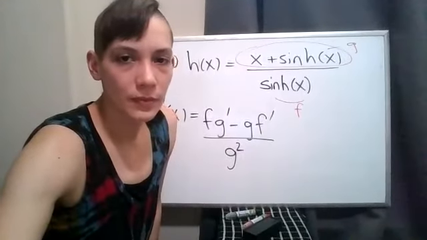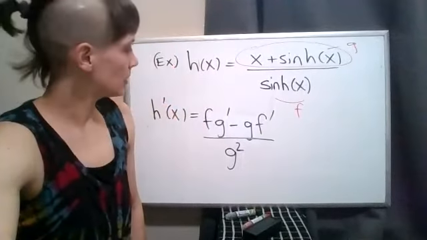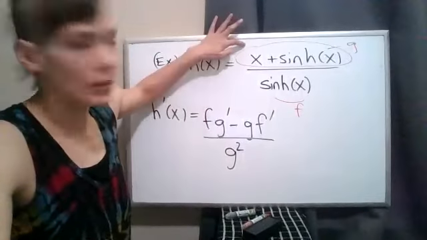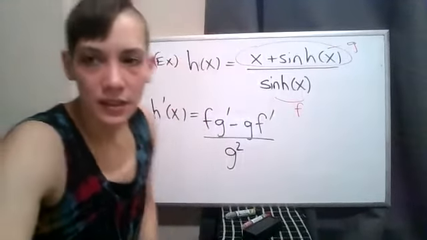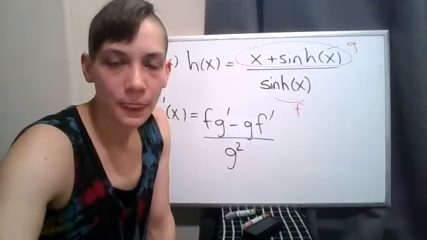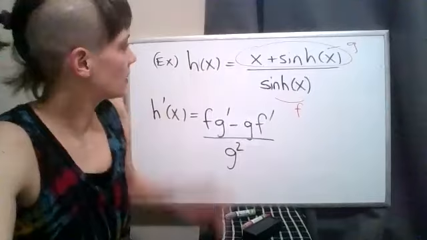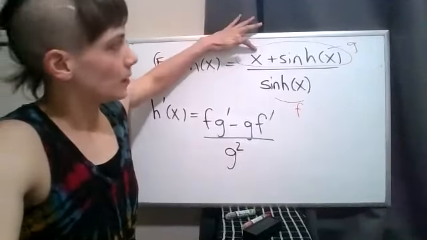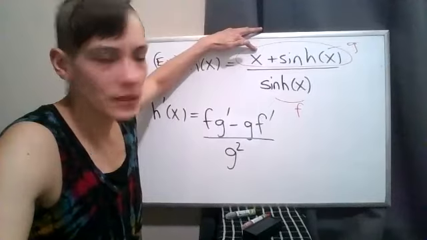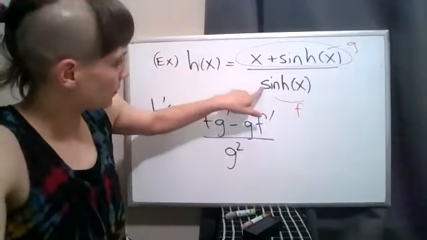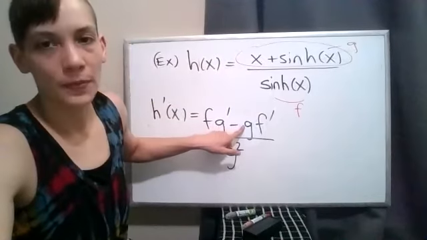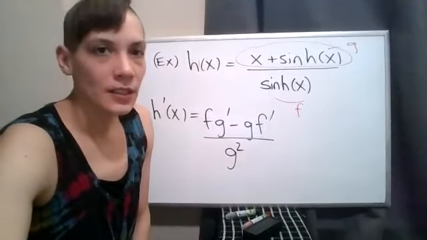F prime g minus f g. Oh, they have an f over g. Well, okay, so it would be the bottom function times the top function's derivative. Bottom function is f times the top function's derivative. Subtract. Okay, it should be good. Never hurts to just Google it though.